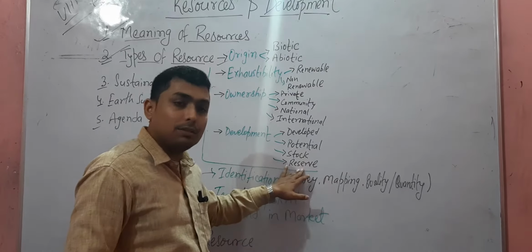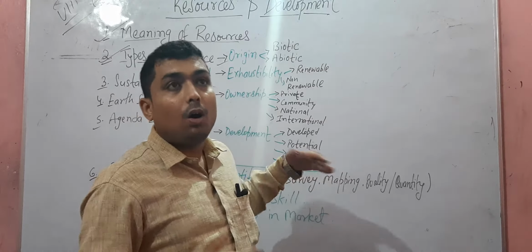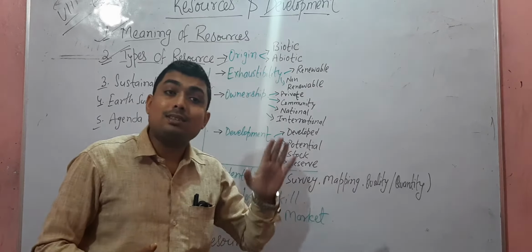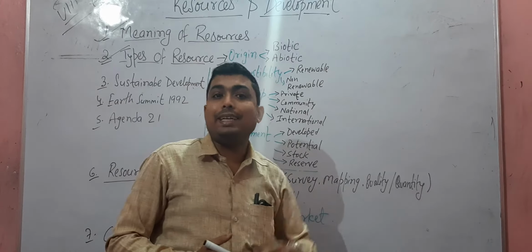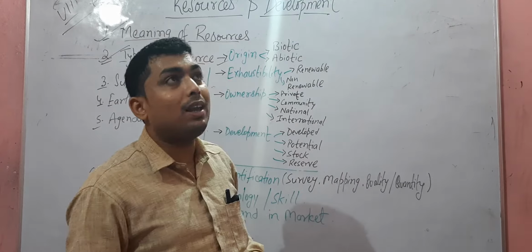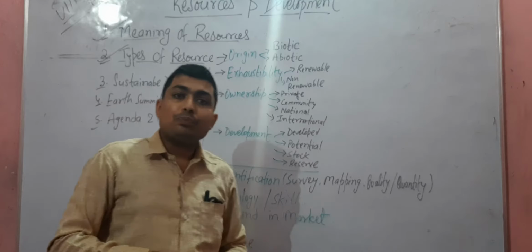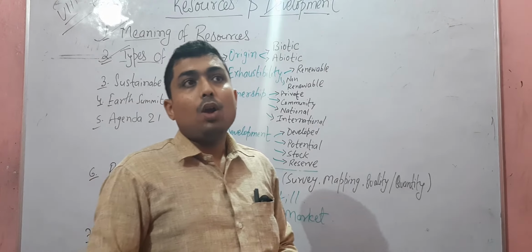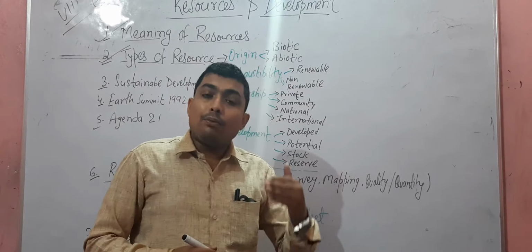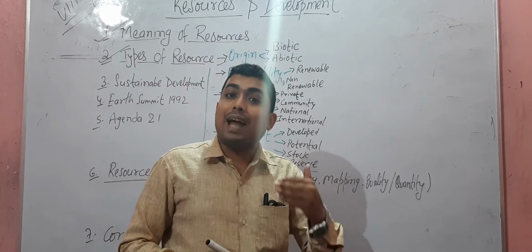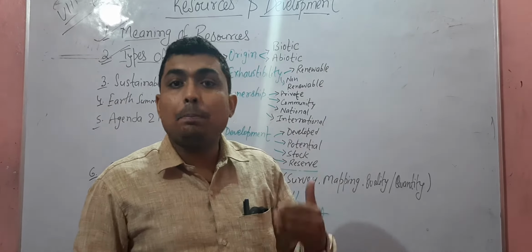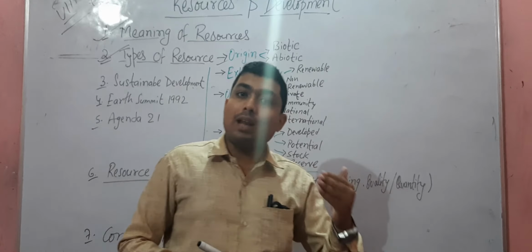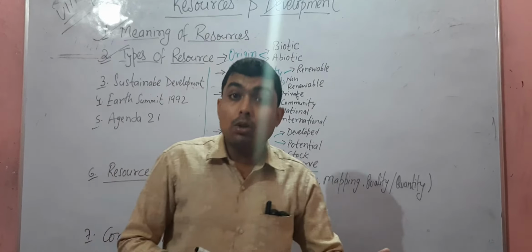Number 4 is reserve. Reserve means all those resources which we just left for future need. For example, right now we are using hydroelectricity, but for hydroelectricity the construction of dams is very important, and construction of dams costs a huge amount.